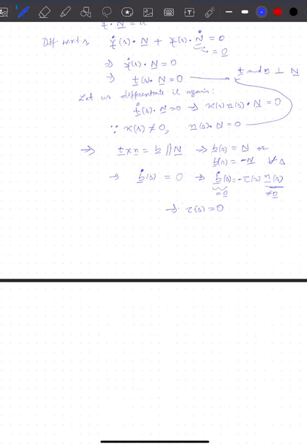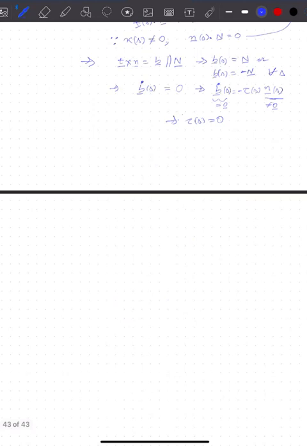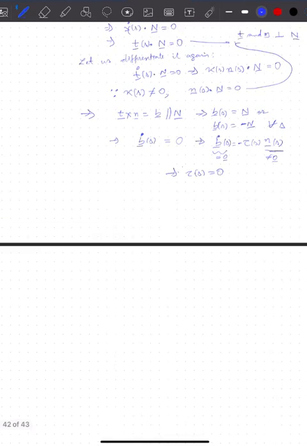So this means that there is no torsion. Since the curve is lying in the plane, the torsion is 0. Now let's go to the converse.